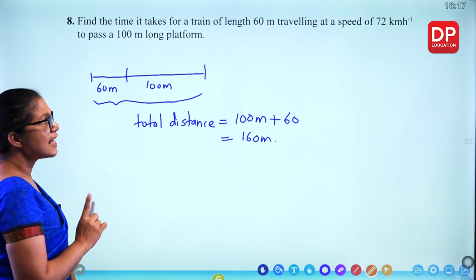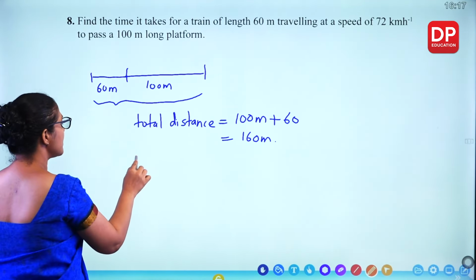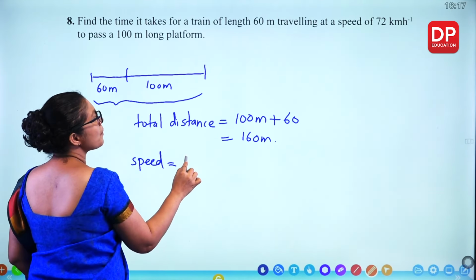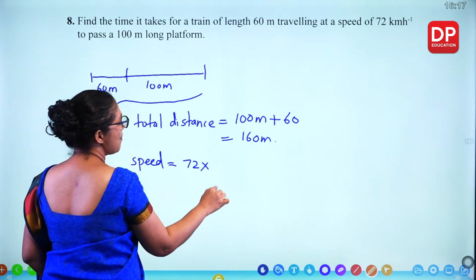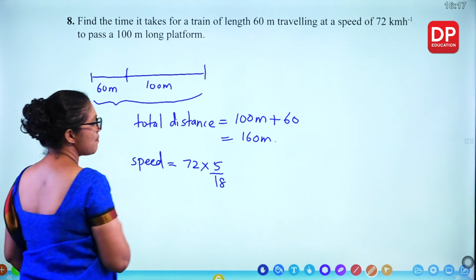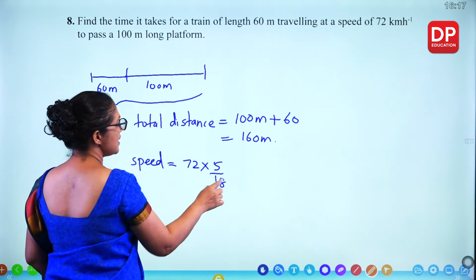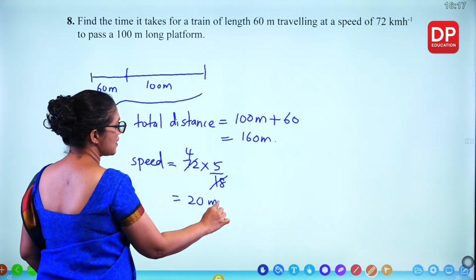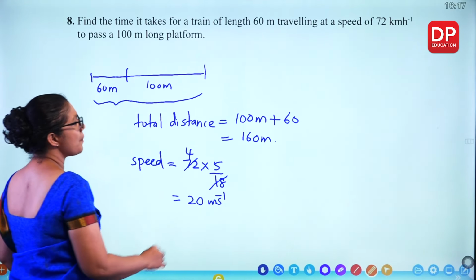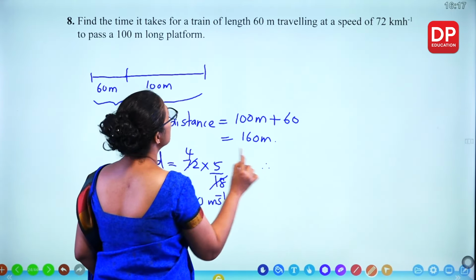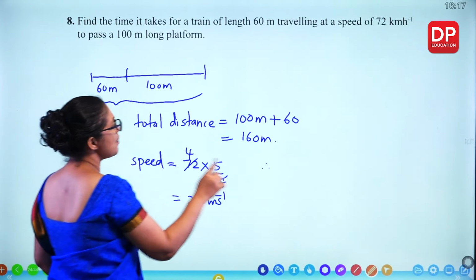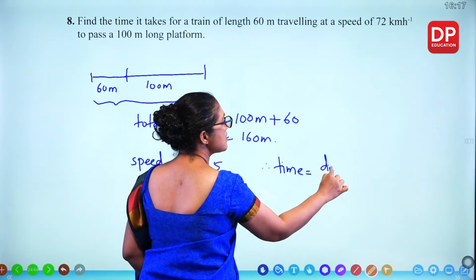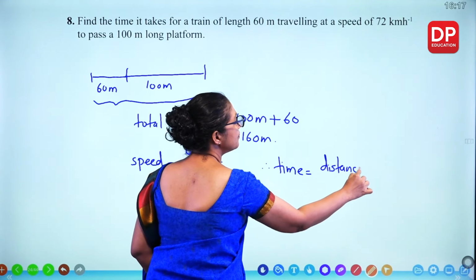What's the speed? Speed is in kilometers per hour. Convert the speed to meters per second. 72 multiplied by 5 and divide by 18. So 18 times 4, 4 times 5, 20 meters per second. Now, what's the time taken? Time taken is distance divided by speed.